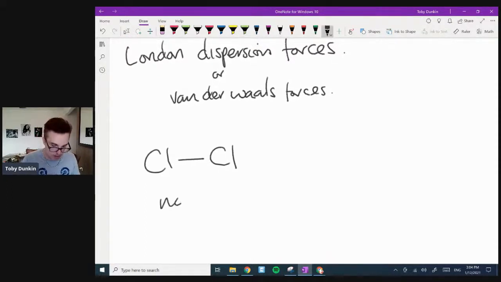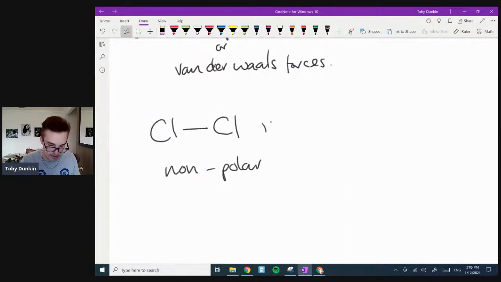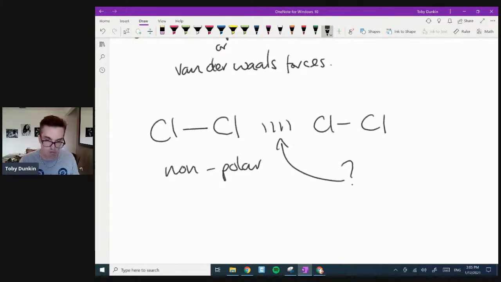It is a non-polar molecule. What that means is if there is an attraction to another chlorine, we need to explain where this comes from, because there shouldn't be an attractive force, but we know there is.